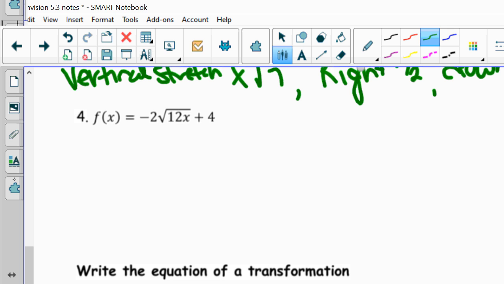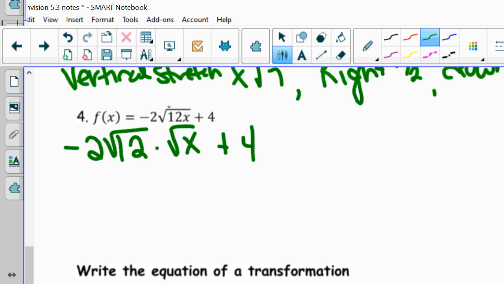Number 4. f of x equals negative 2 times the square root of 12x, all of that plus 4. So right now, I have negative 2 square roots of 12 times the square root of x, all of that plus 4. I can do a factor tree on 12, right?